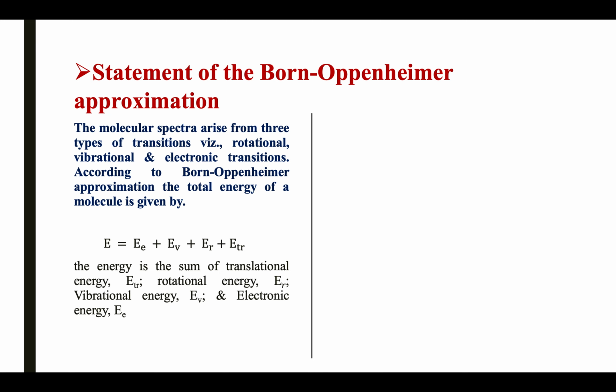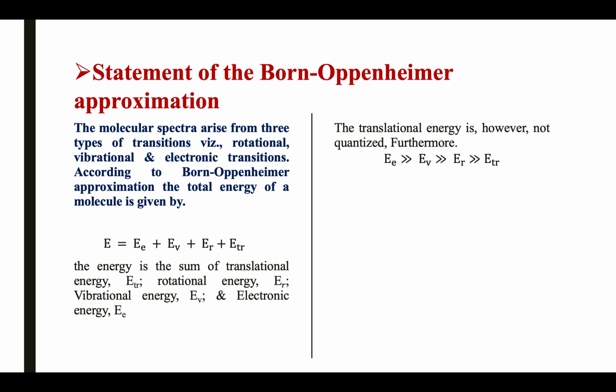So these are the four types of energies. If you sum them, you will get the total energy. The order of these energies is in decreasing order. The translational energy is however not quantized. The remaining three types of energy are quantized.